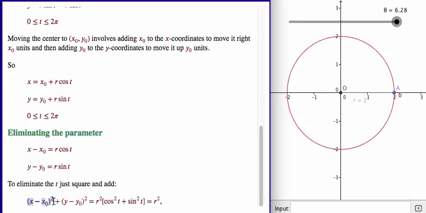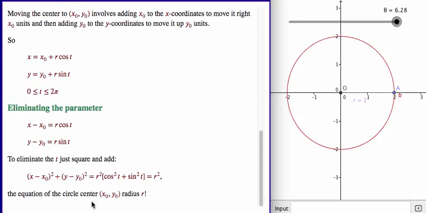X minus x0 squared plus y minus y0 squared equals r squared. The equation of a circle, center x0, y0, radius r. And that is exactly what we were after. So by eliminating t, we've shown that what we've written down here is indeed a way of parametrizing that circle. At least it gives us a lot of support for our notion.